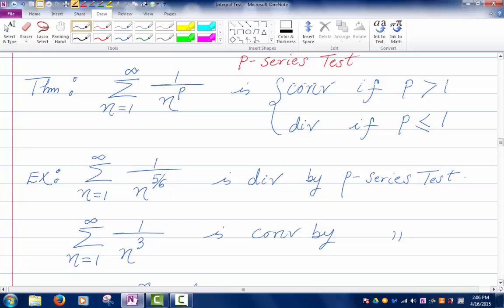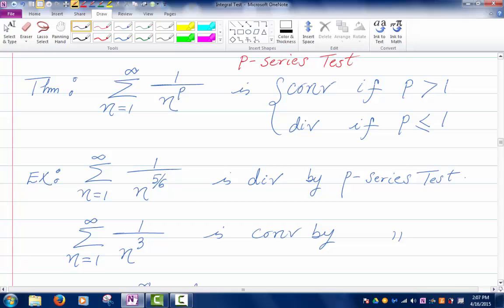You just have to follow the steps. Okay, and you can use this p-series test in your homework. That is, if you see that you have a problem where the series is 1 over n to the 10, you can right away say that it's got to be convergent by the p-series test.